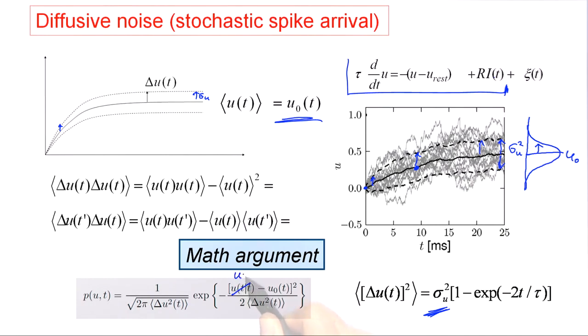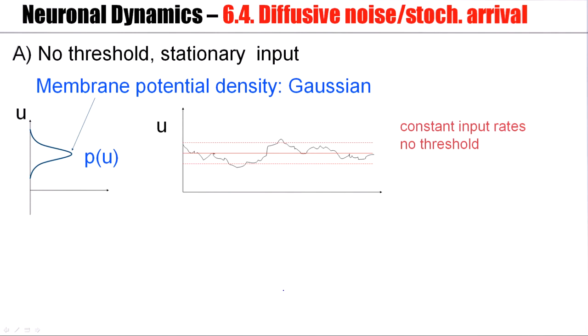U of t is one sample trajectory. So this is the probability density that at time t I would find a trajectory at the value u. The distribution is Gaussian with a center at u0 of t. So here are the three examples.